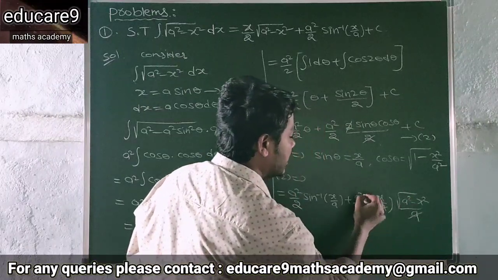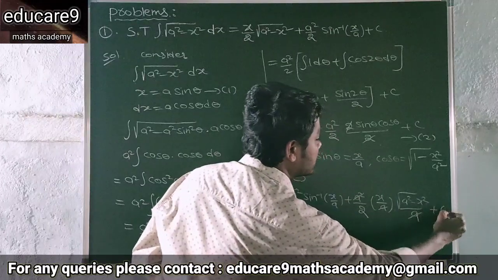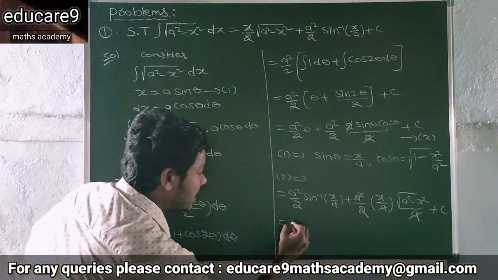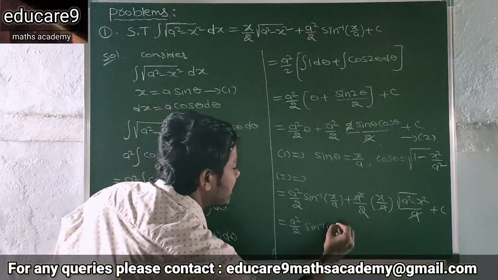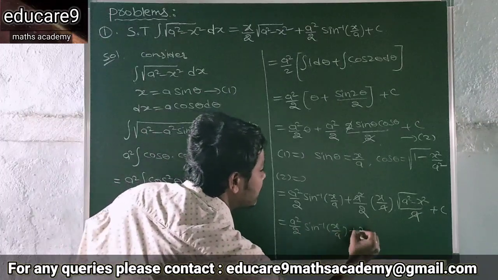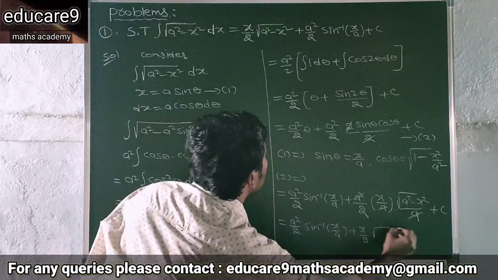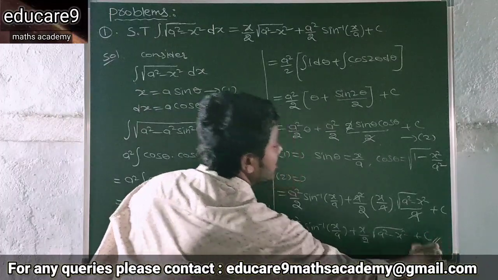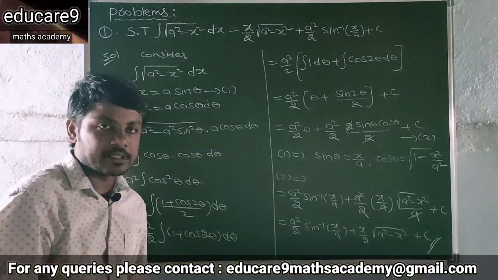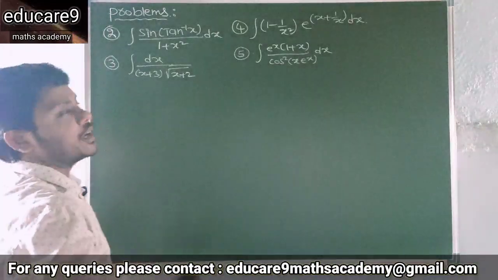So clearly a get cancelled plus c. Now this is what, a square by 2 sin inverse x by a plus x by 2 square root of a square minus x square plus c. So this is RHS.